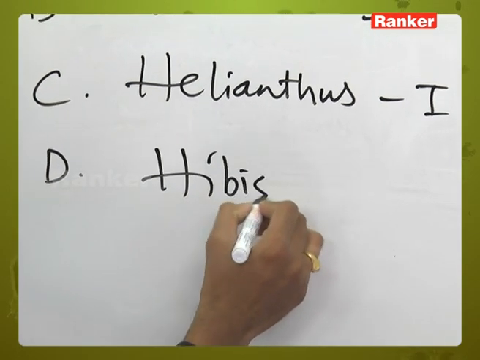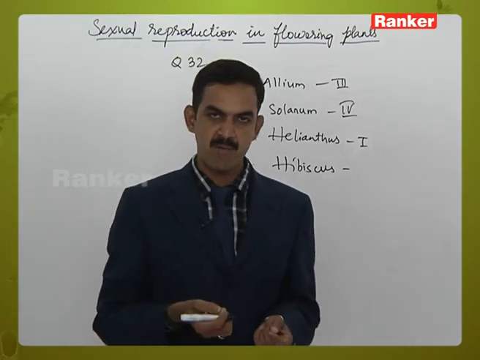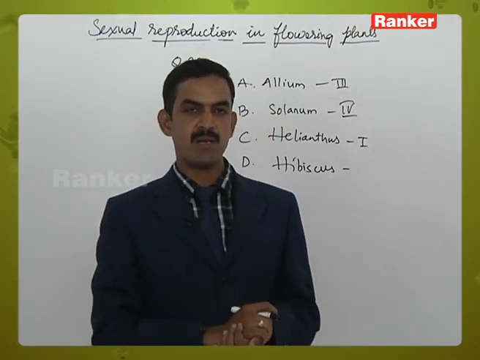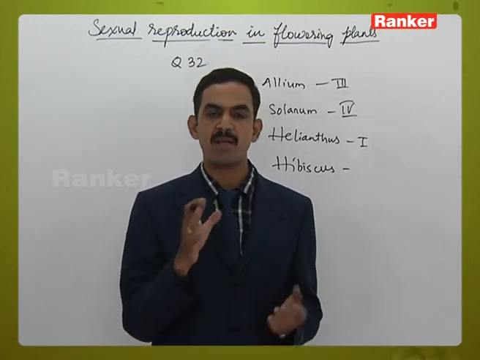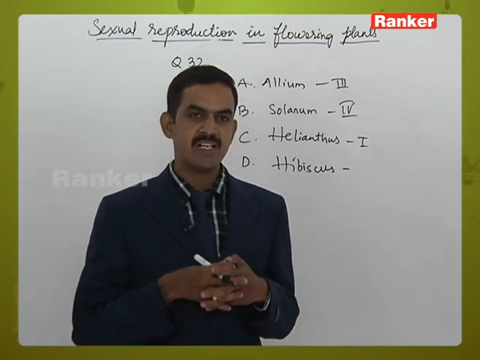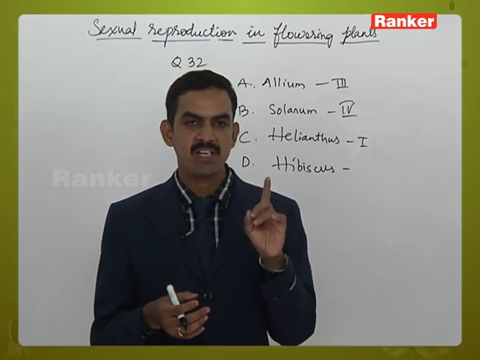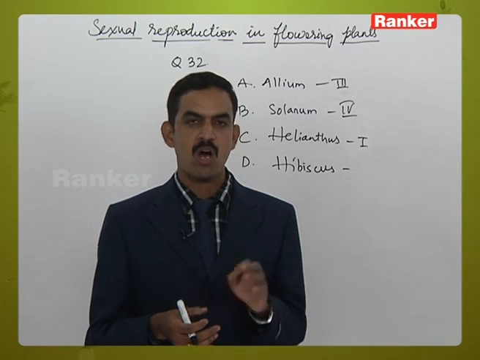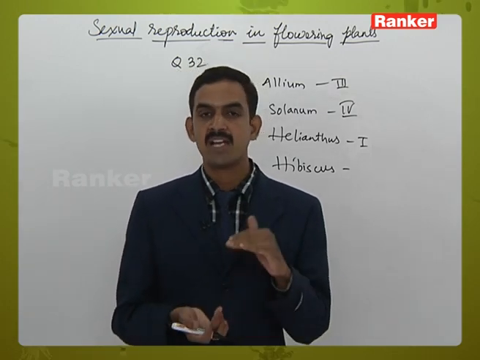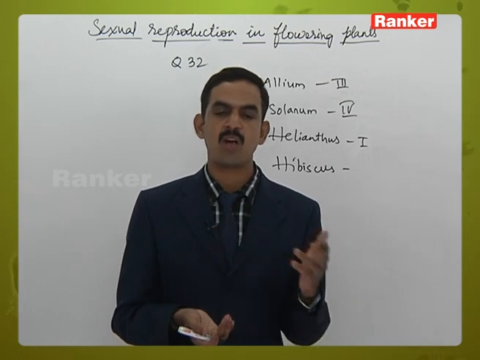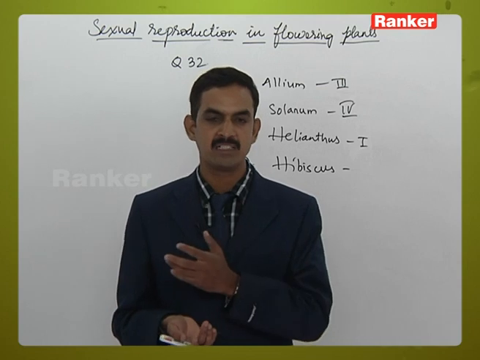D, Hibiscus. Hibiscus belongs to the Malvaceae family, and all Malvaceae members exhibit a special feature related to anthers or stamens, that is monothecous nature. Monothecous means the anther has only one lobe in it, or the stamen contains only one anther lobe. Inside one anther lobe, as we know, 2 pollen chambers are present, so we call this a bisporangiate type of character.